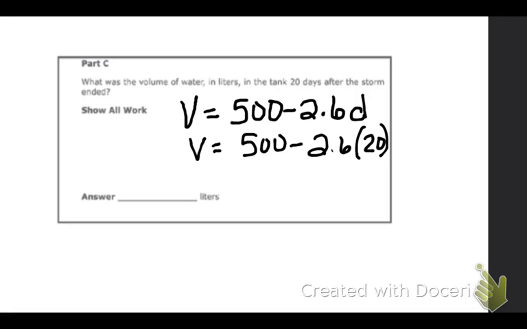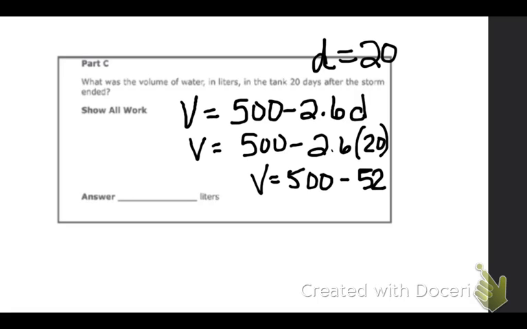So we're going to substitute in for D. D equals 20, so we're just using substitution. So volume equals 500 minus 52, which is 448 liters. So volume equals 448 liters after it's been evaporating for 20 days.